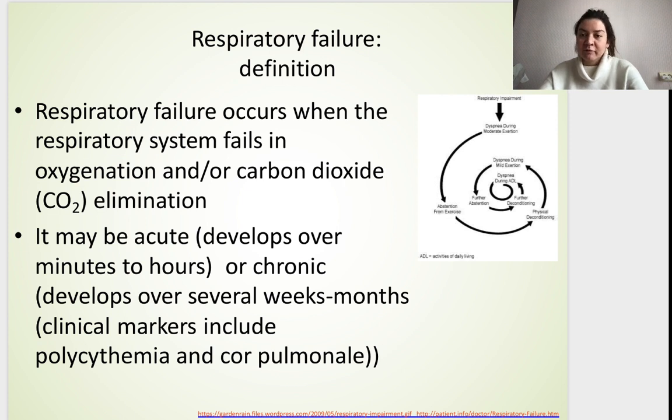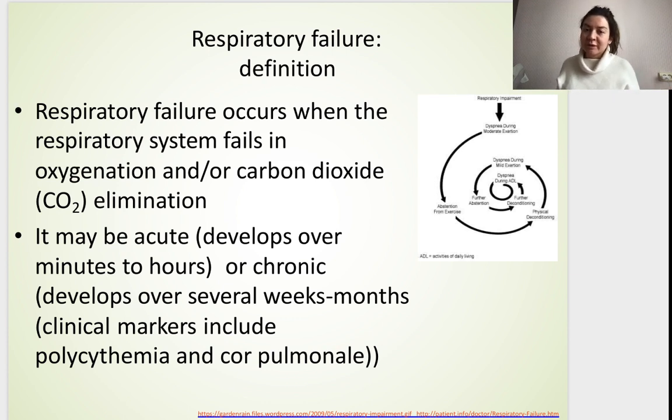And respiratory failure. It is the last syndrome for today that I am going to discuss with you. Let's give a definition. Respiratory failure occurs when the respiratory system fails in oxygenation and/or carbon dioxide elimination. You understand that like heart failure, respiratory failure is like a conclusion of all syndromes and respiratory system disorders. It can be a result of all lung and most non-lung diseases.